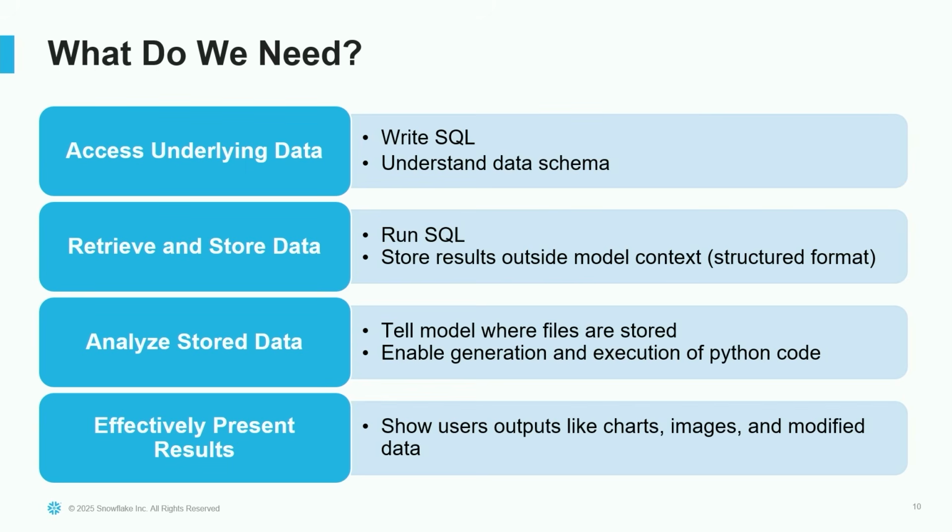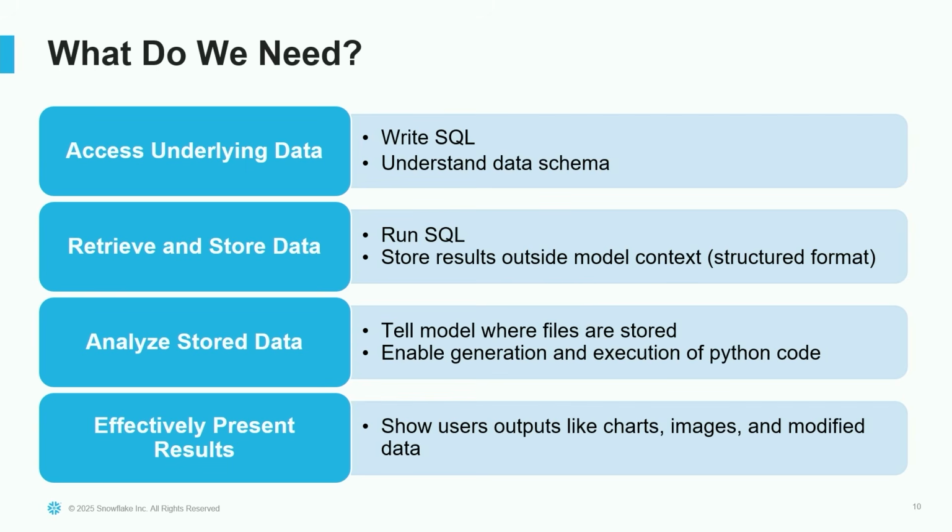It's not uncommon to pull down 10 million rows from a query. We can't feed that into the context window of an LLM. It's too big. And even if we could, we probably wouldn't want to because it would cost us a lot of money, it'd be very slow, and it probably wouldn't work. So we need a way to store those results somewhere outside context, but still tell the model that they're around and it can access them.